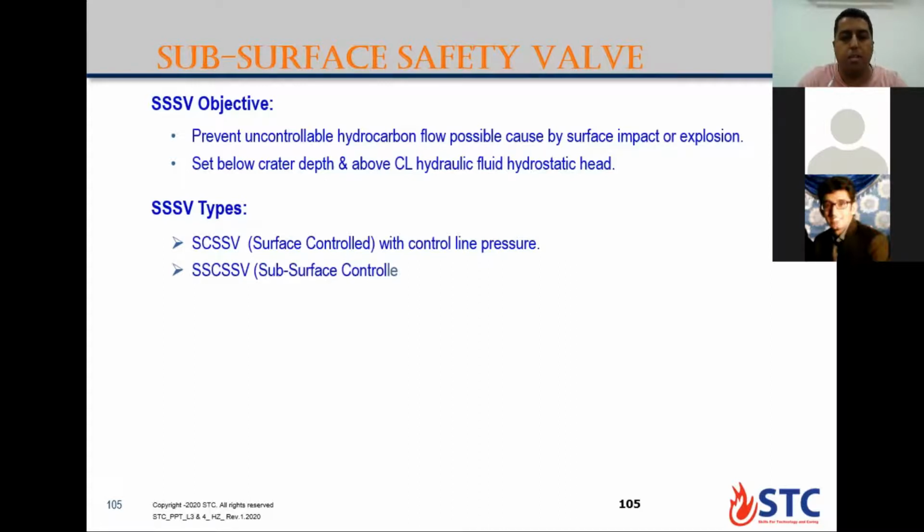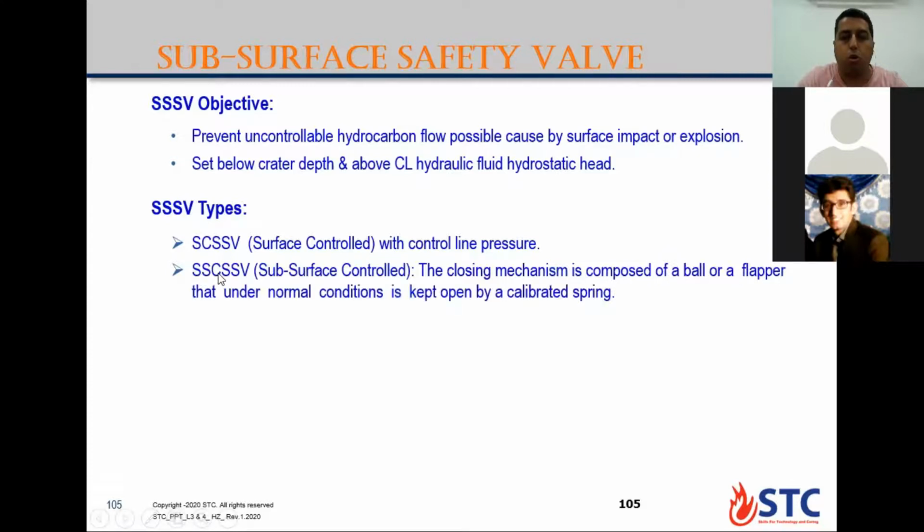Another type is SSC, the subsurface-controlled subsurface safety valve. The control for this type depends on the condition of the well, the flow rate or the pressure drop, or differential pressure across the valve.